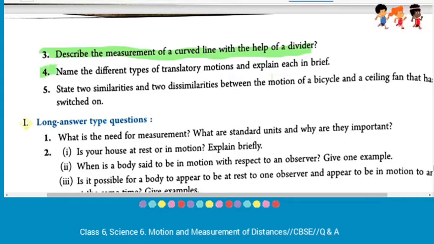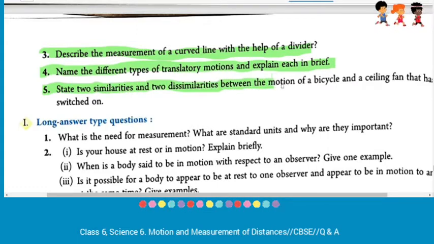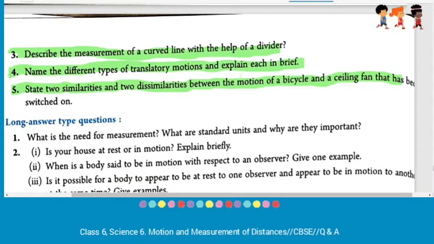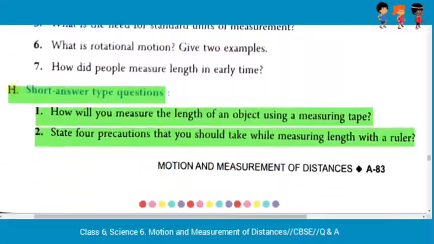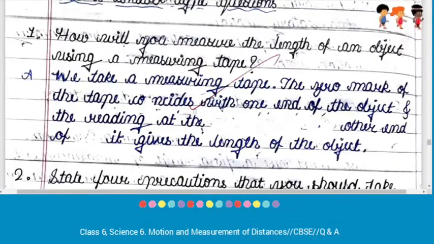Fourth one, name the different types of translatory motions and explain in brief. Fifth one, state two similarities and two dissimilarities between the motion of a cycle and a ceiling fan that has been switched on. So we'll see the answers of these questions.